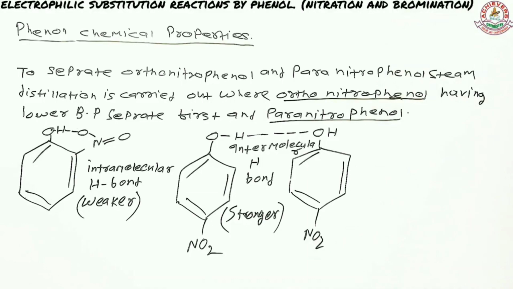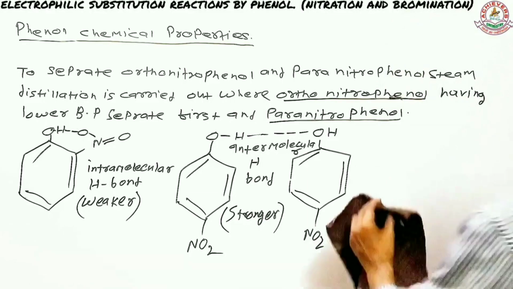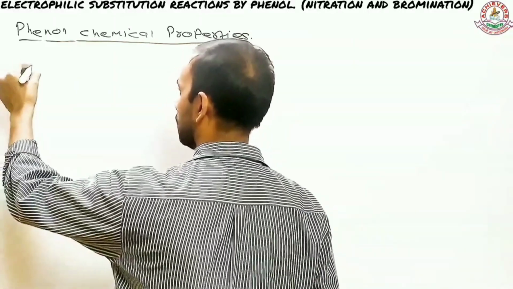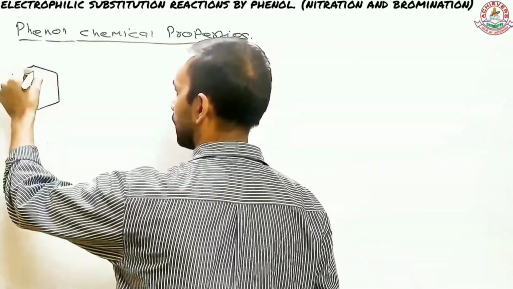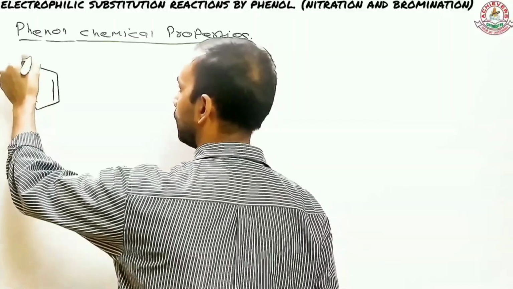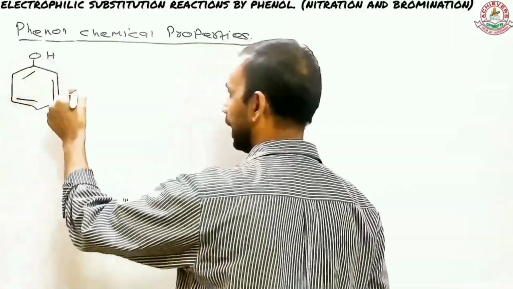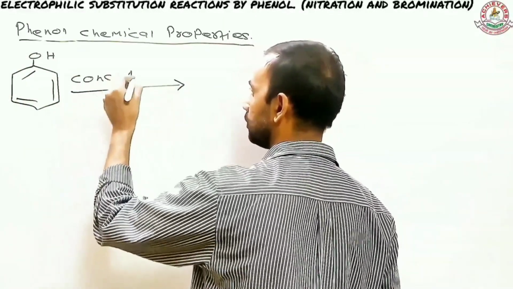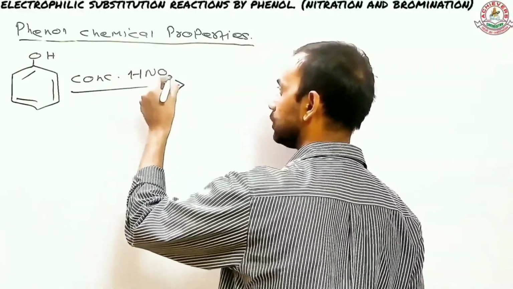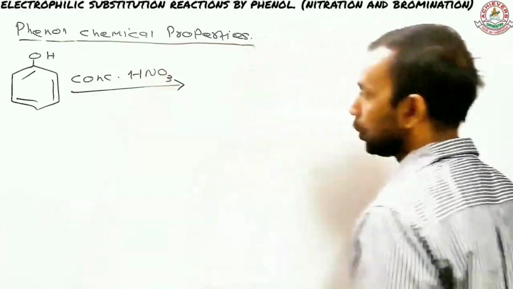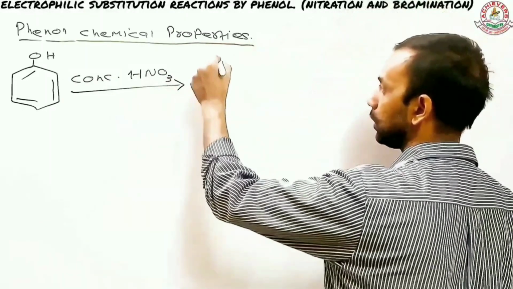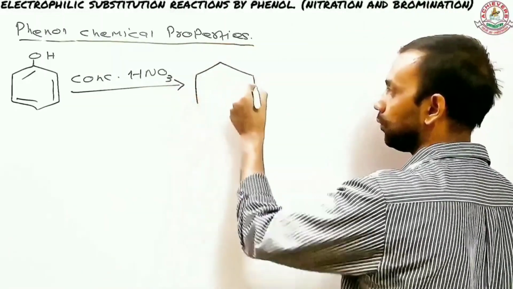So the next topic is, if phenol reacts with concentrated HNO3, then what happened? Not only the ortho and para, but also the meta position hydrogens are substituted by the nitro group.